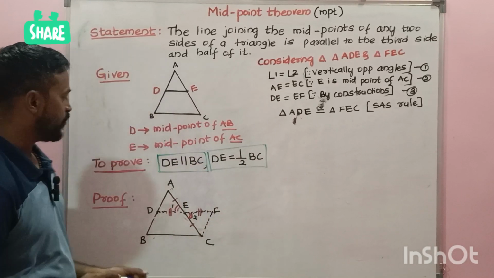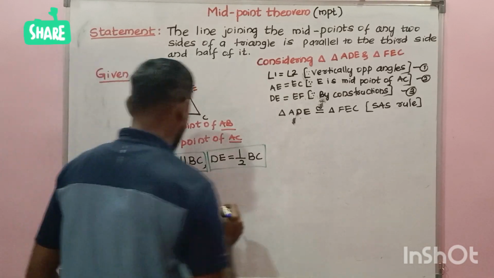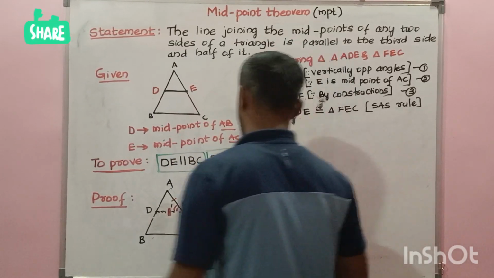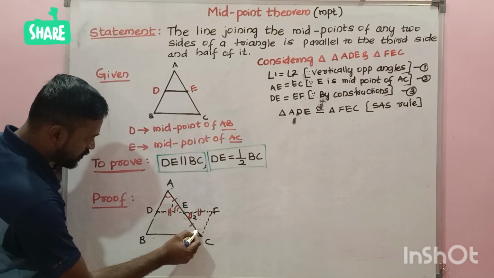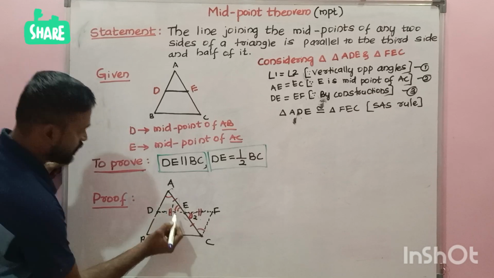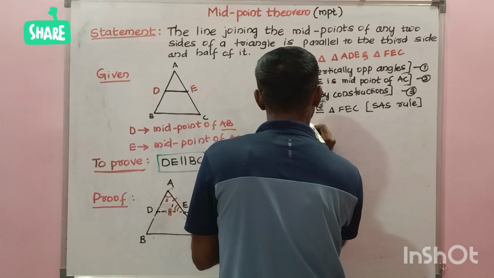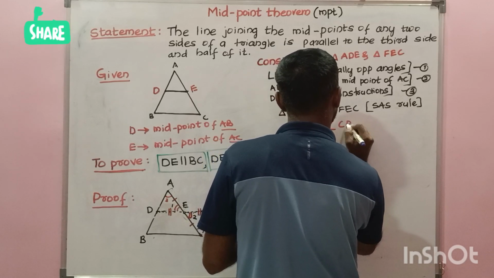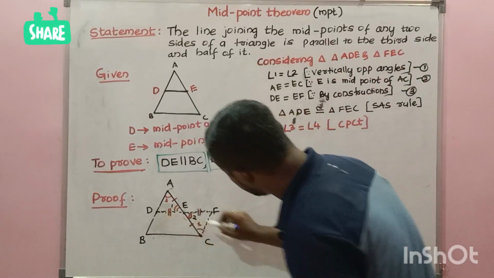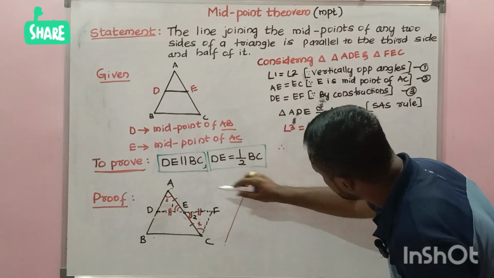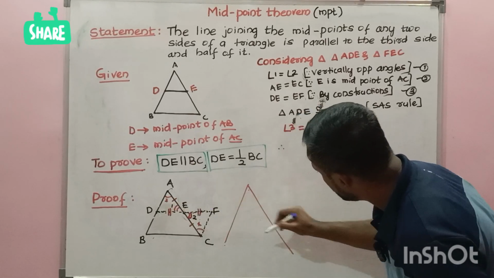So now we proved that these two triangles are congruent. By this we can say that these two angles are equal. Let me call them angle 3 and angle 4. Angle 3 is equal to angle 4 by CPCT. Now you can see this is AB, AC and CF.